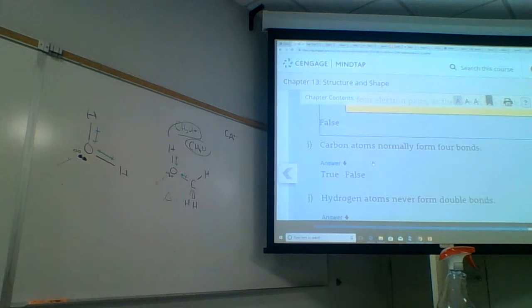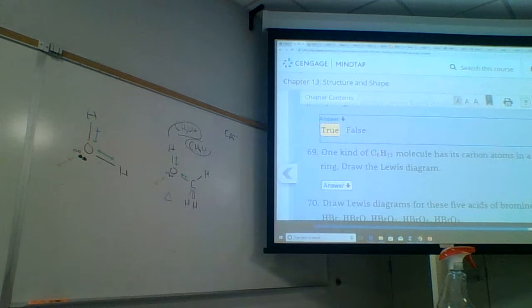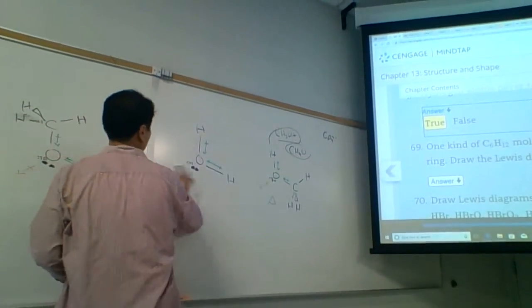Carbon atoms normally form 4 bonds. It's true. Hydrogen atoms never form double bonds. That's true. One kind of C6H12 molecule has its carbon atoms in a ring. Draw the Lewis structure. So, there are different kinds of rings that occur.